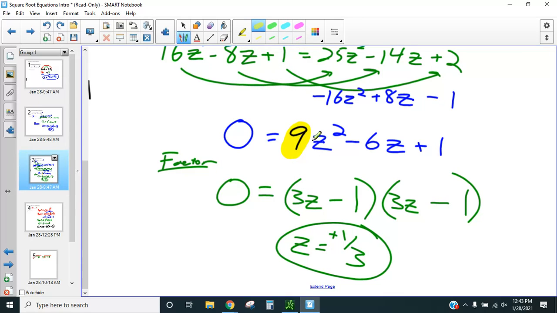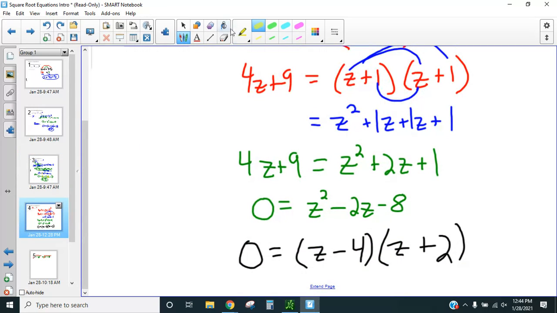Well, that 9, z squared, can be found by making 3z and 3z. We haven't had any of those factors in a long, long time, okay? I had another one up there on the board that had 8y squared. We might have to use 4 and 2, right? Or 8 and 1, something like that. All right, so let's get back to this question.